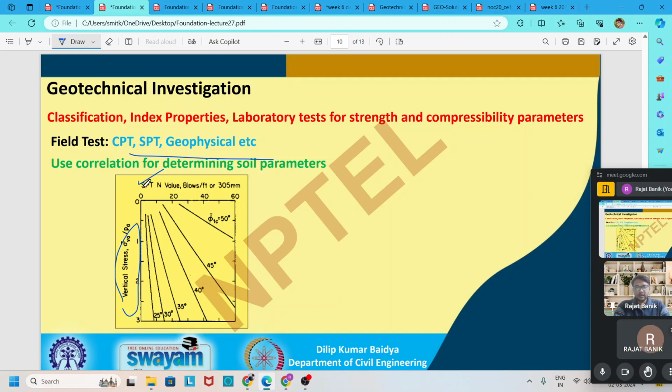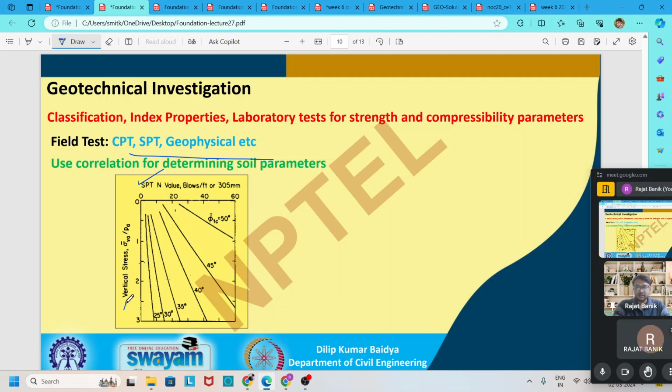So we can directly find out, if our SPT number is 20 and the effective stress ratio is 2, then our friction angle is between 35 to 40 degrees. So by this plot we can easily find our different engineering properties. These plots are called correlation plots.